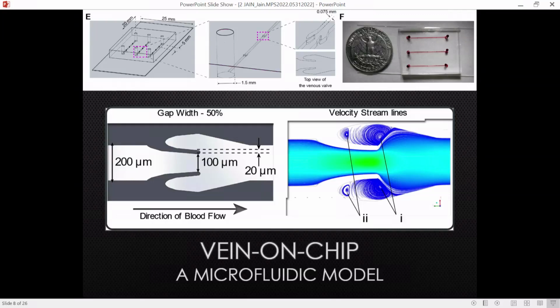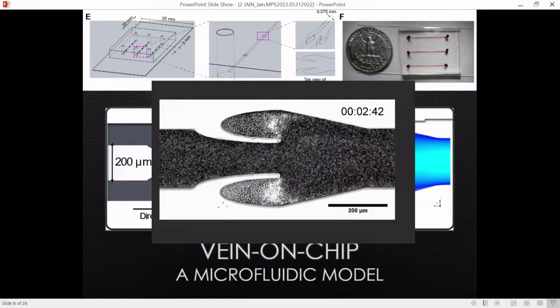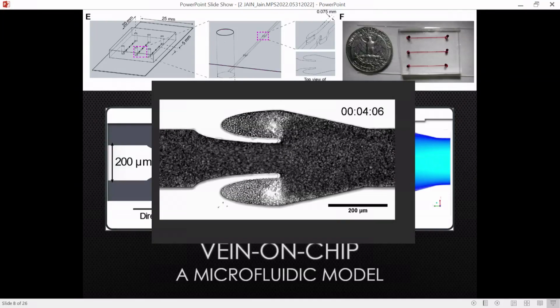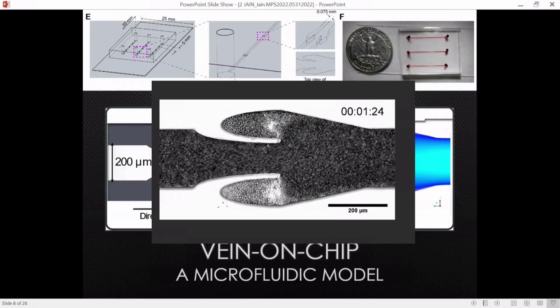Before we started to do any kind of cell culture or create a living vein on a chip and perfuse blood through it, we did some computational modeling to judge whether the flow that we predict in these structures would have any similarity to what is observed clinically. We applied a computational model, and we found that when you perfuse blood through it, there's a very unique flow pattern.